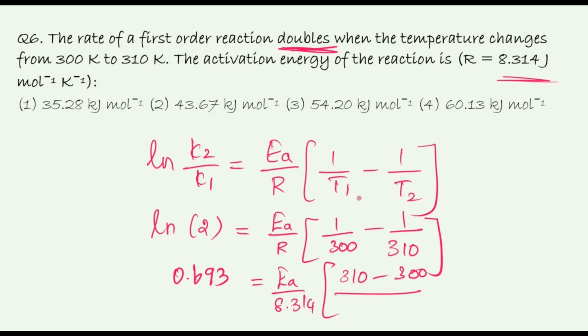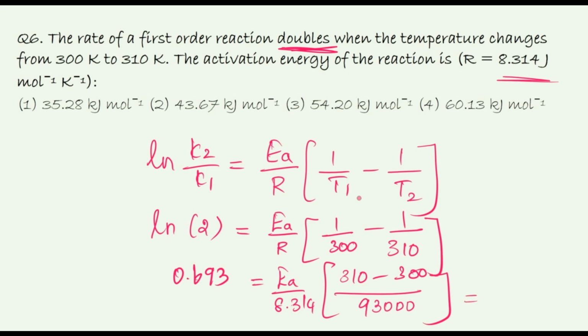So just do it as 310 into 3, which is nothing but 930. So which makes it 93000.